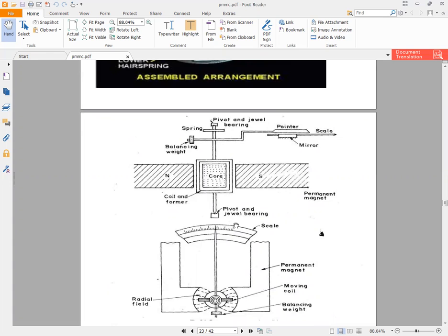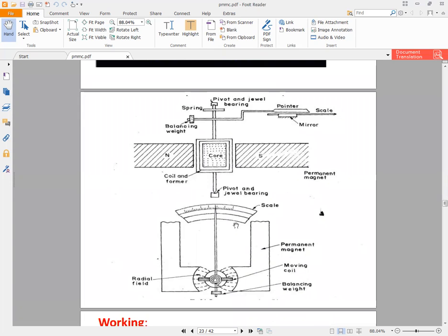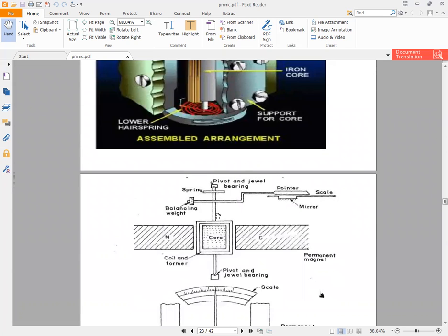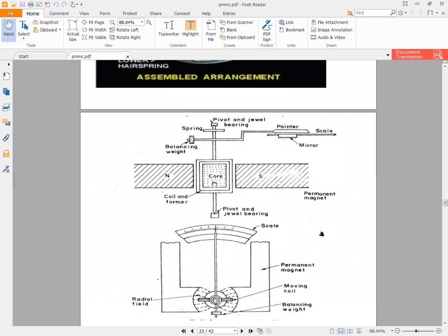So, in construction, firstly, we take the permanent magnet, with N and S poles. This is nothing but our permanent magnet. This rectangular shape is nothing but our iron core.